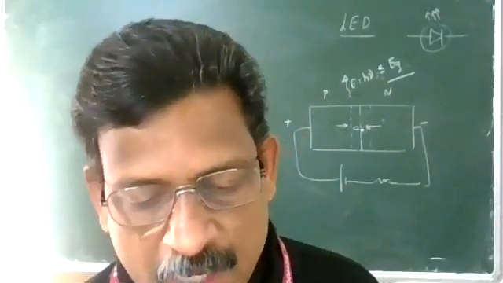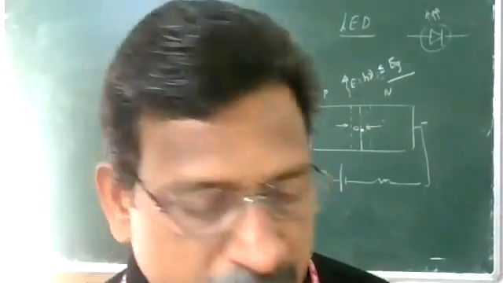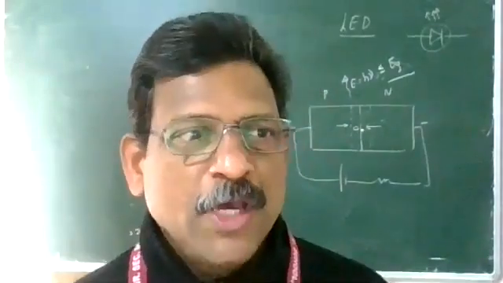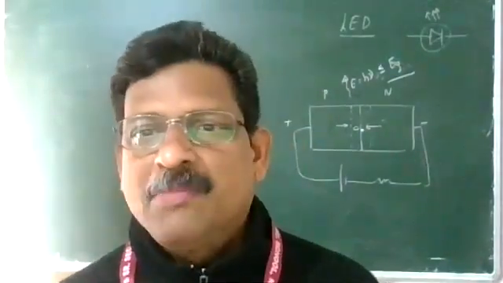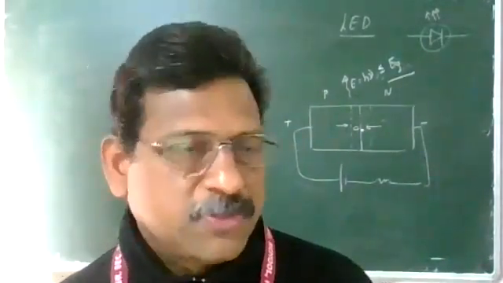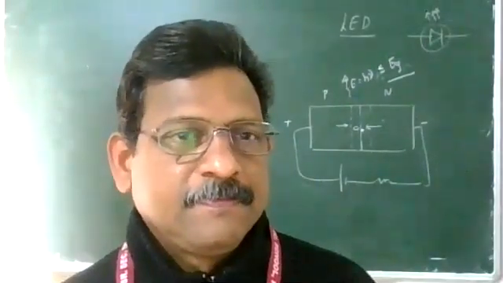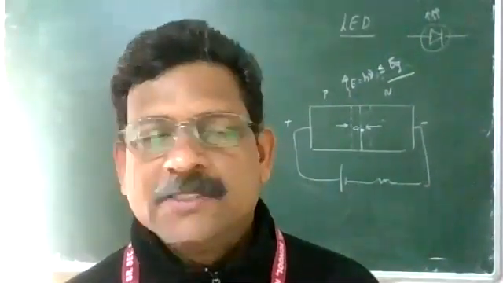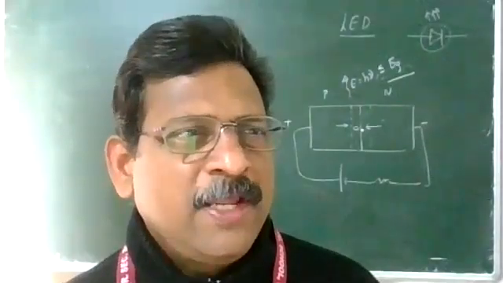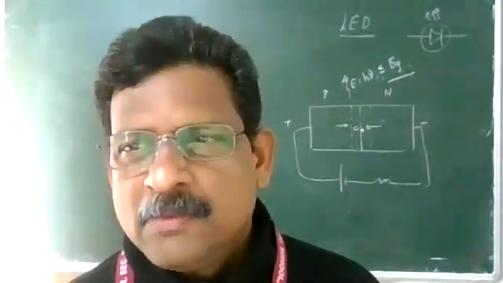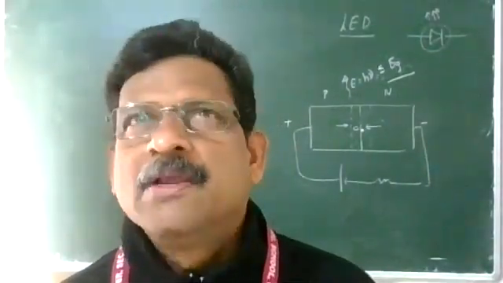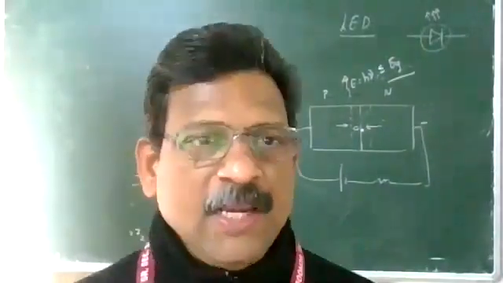Long life and fast on-off switching capability. Because of this, we are using LEDs in almost all places, with low power consumption in comparison with incandescent bulbs. So LED applications are very important, because nowadays we are mainly concentrating on LED panels and LED lights.